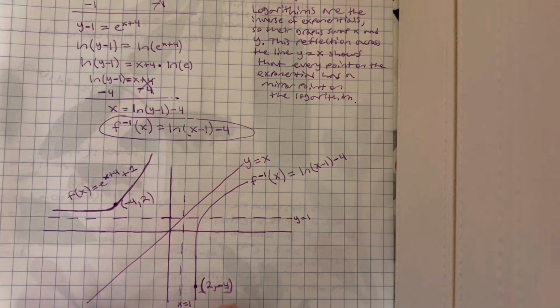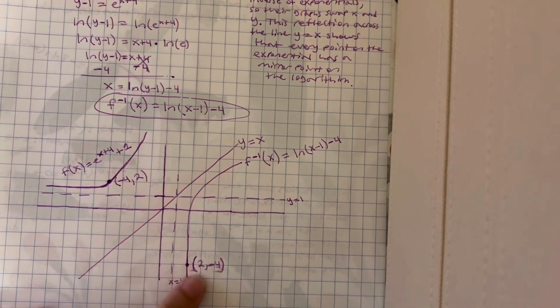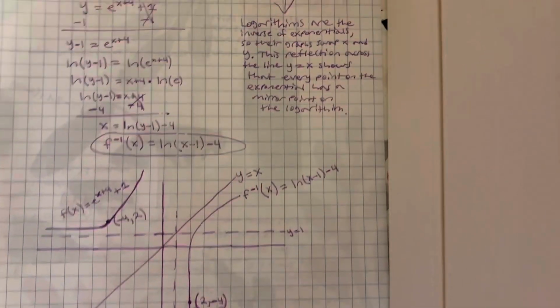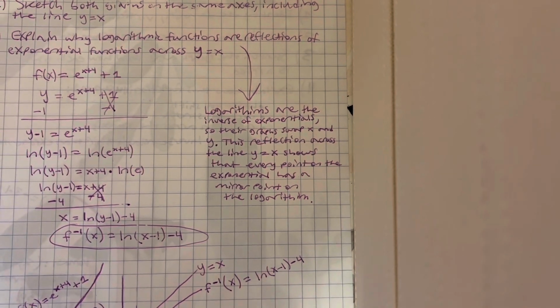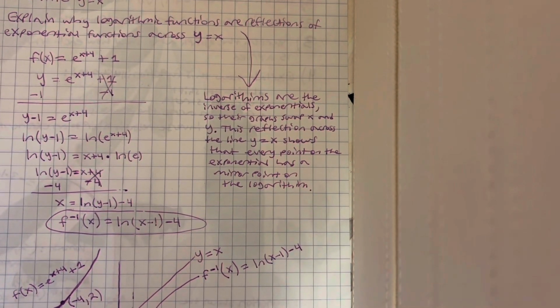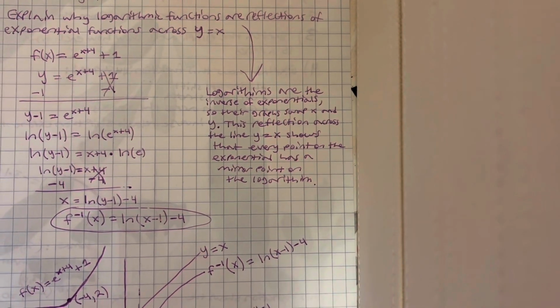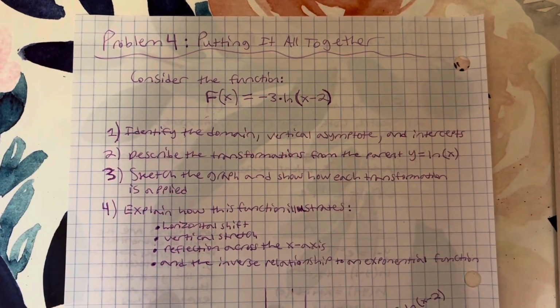And then over here we have the inverse, and we have the point (2, -4), and the asymptote is x equals 1. And so over here, logarithms are the inverse of exponentials, so their graphs swap x and y. This reflection across the line y equals x shows that every point on the exponential has a mirror point on the logarithm. Lastly, problem 4, putting it all together.